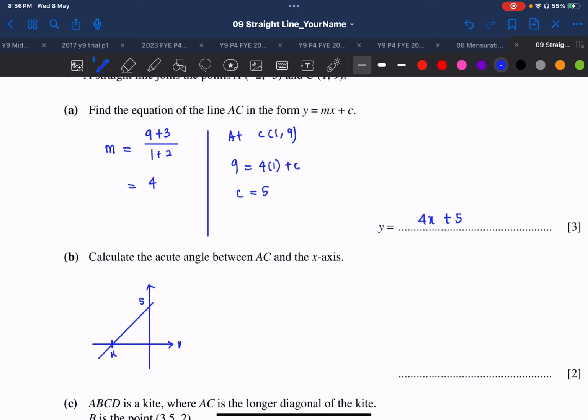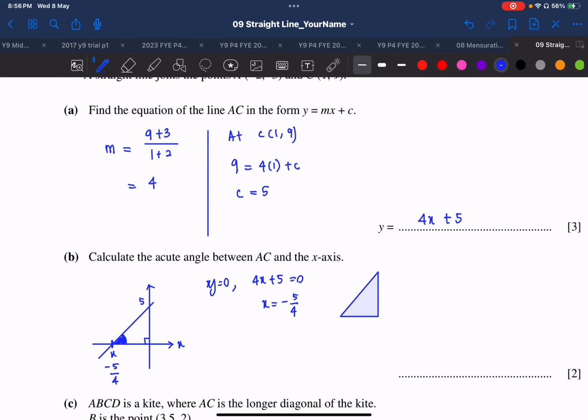So this value of the x is when your y is 0. So 4x plus 5 equals 0. And your x is negative 5 over 4. So based on here, I need to find the angle between the line AC with the x-axis.